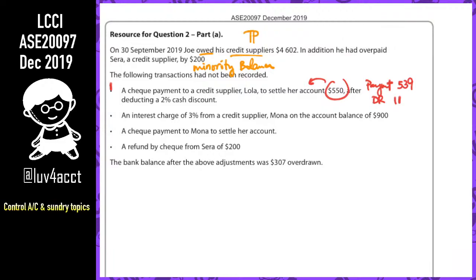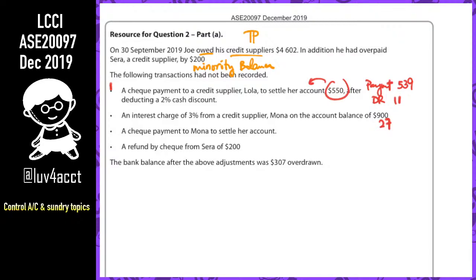Let us continue first to see if there is any other payment. An interest charge of 3% from supplier Mona on the account balance of 900. So 900 multiplied by 3%, this would be $27 interest.